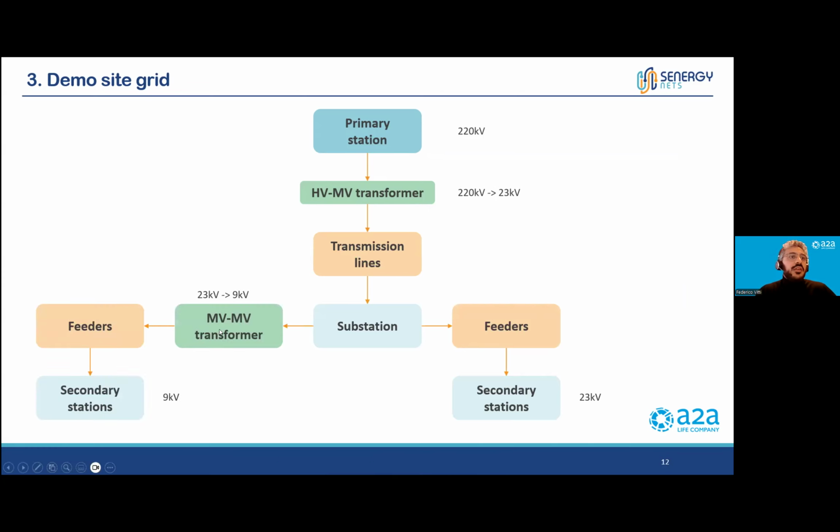The second case refers to those secondary stations that have a lower value of voltage, that is 9 kilovolt. So in this case, we need to reduce the electricity more, from 23 to 9, and we do it by the use of a medium voltage to medium voltage transformer that is located in the substation, and then it passes the electricity through the feeder to the secondary station.